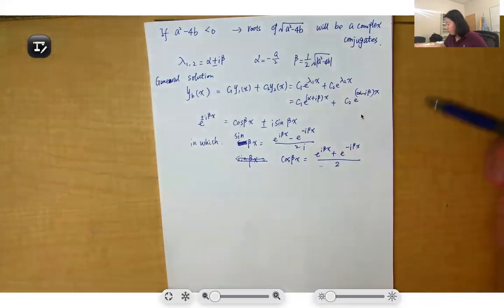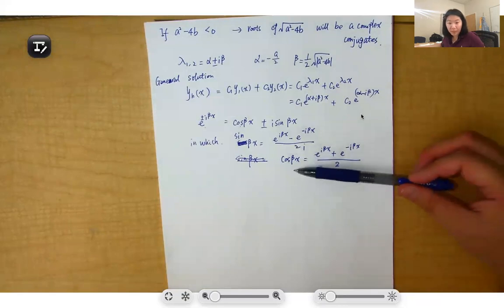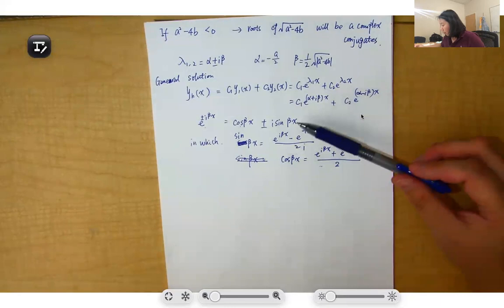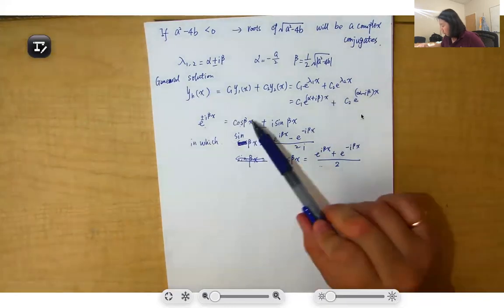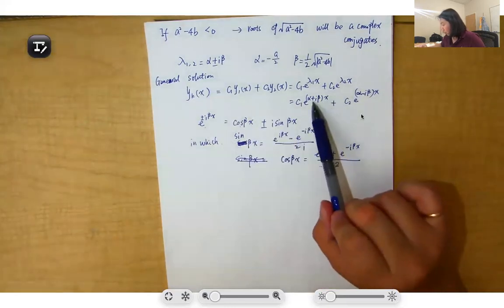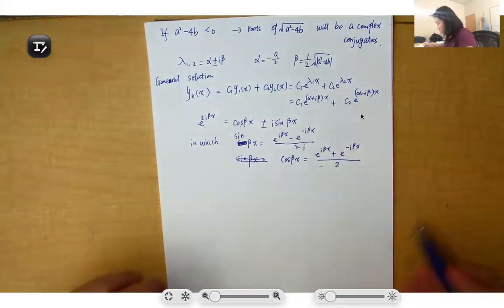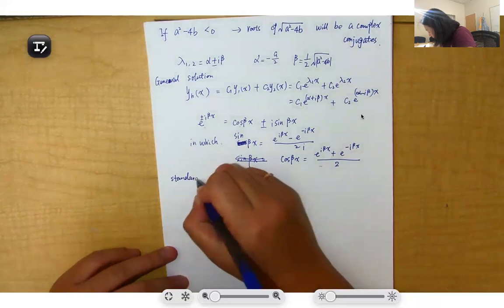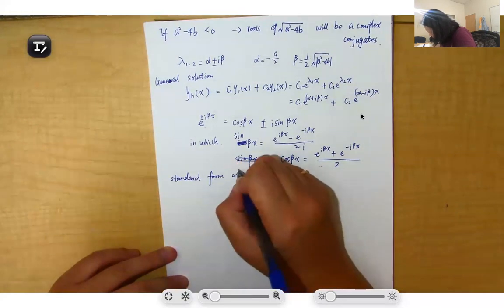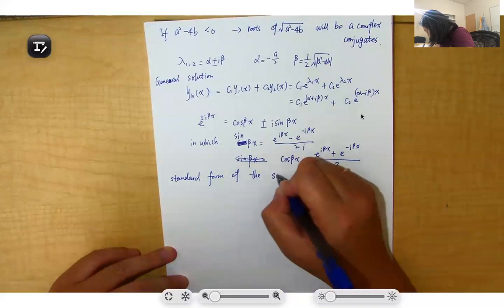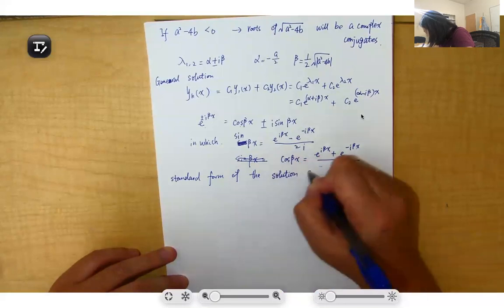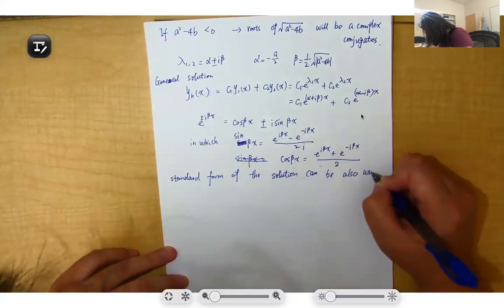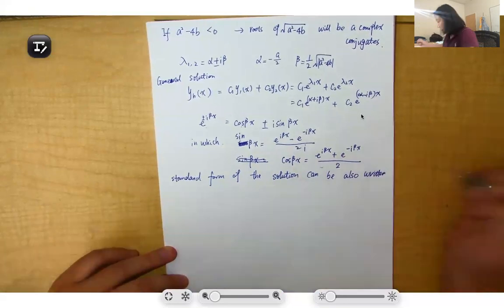Then we can use this sine and cosine beta x to represent our general solution, replacing the exponential part. So the standard form of the solution can also be written as follows.